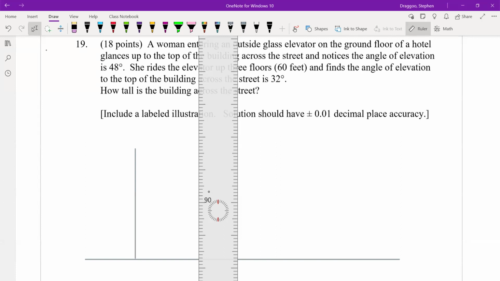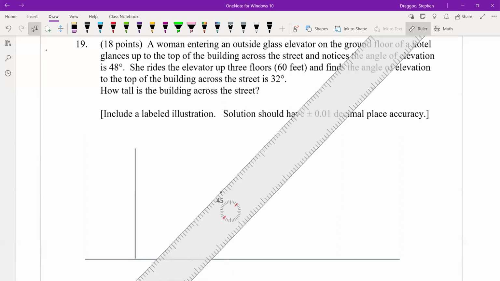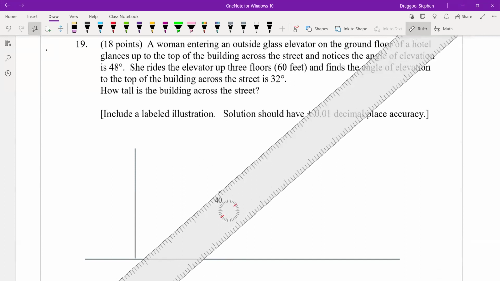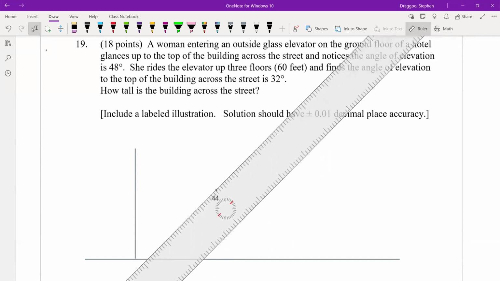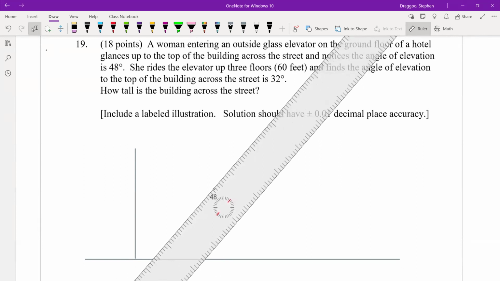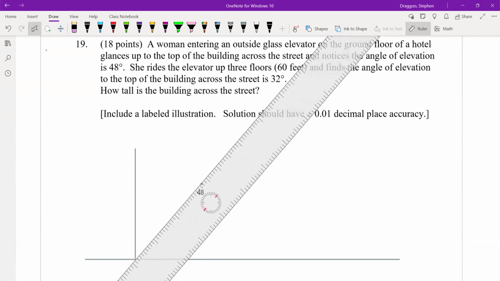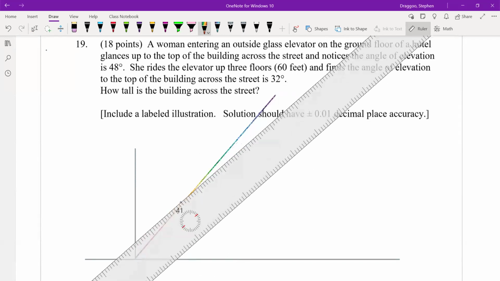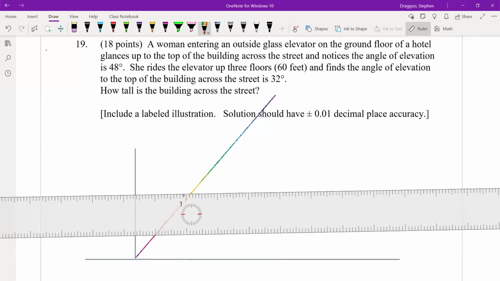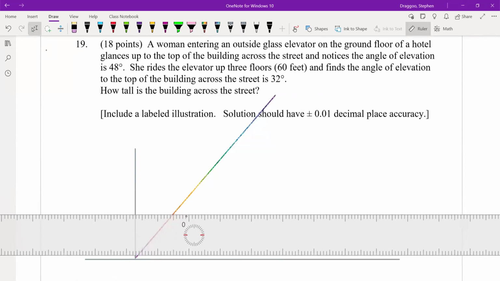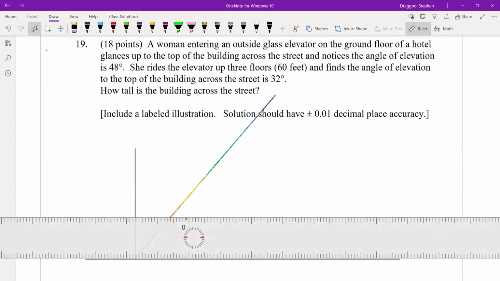From the bottom, she's going to measure an angle of elevation of 48 degrees. Remember that angles of elevation are measured from horizontal lines. So my ruler will match 48 degrees over here. She measures that angle of elevation to be 48 degrees right here. She then is going to ride the elevator up 60 feet. So she'll start on the ground floor at the bottom of the ruler.